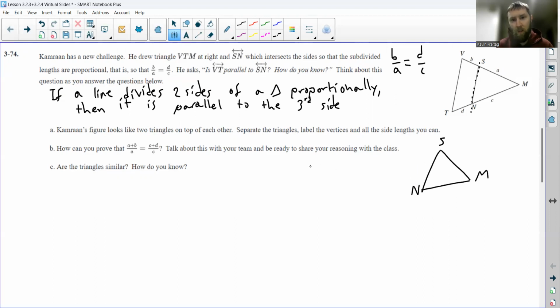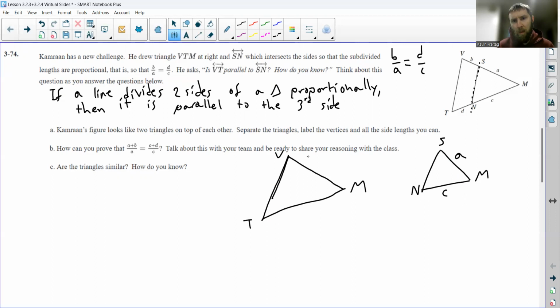No, you're not from 2006. Sorry. Then what if I have VTM? VTM looks something like this, a slightly bigger version of the same thing. Now, I know that in this triangle MSN, this side length is A and this side length is C. That's what they've shown me in this picture here, A and C.